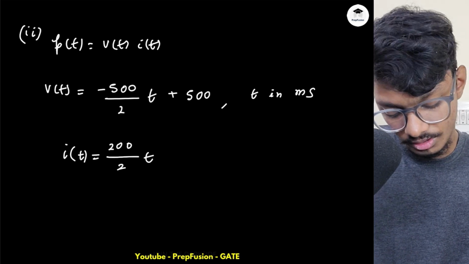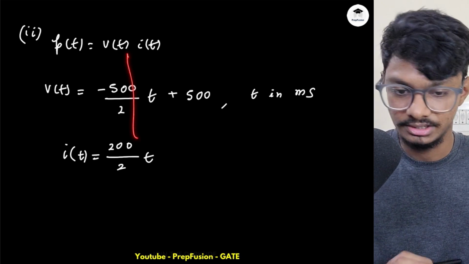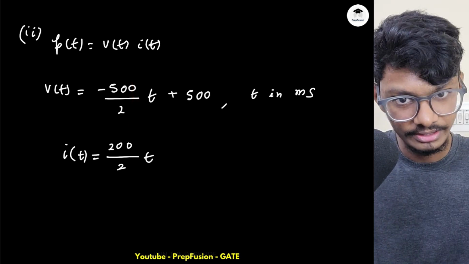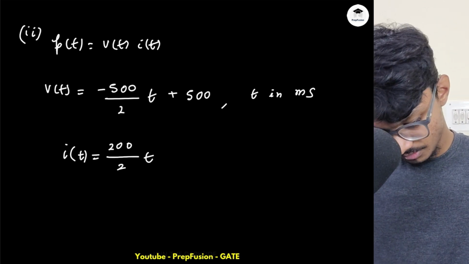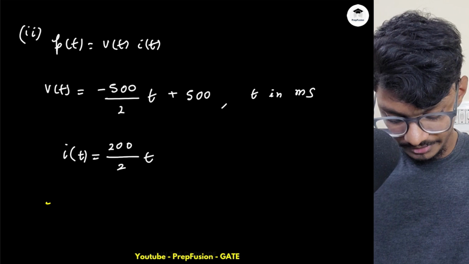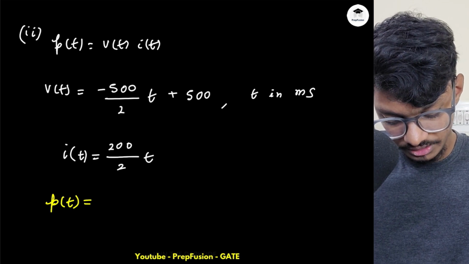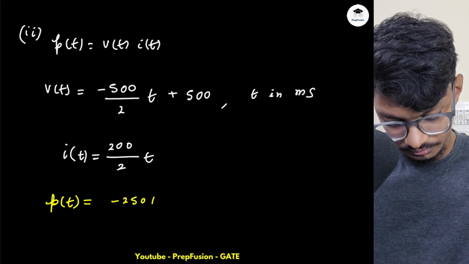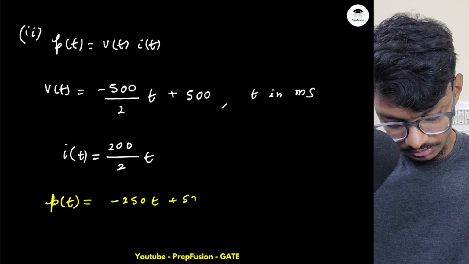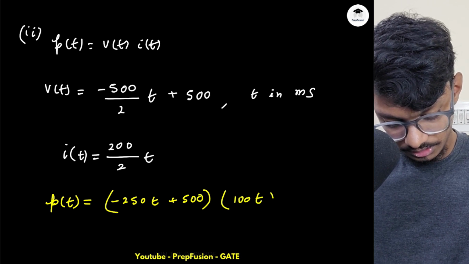So this is the thing. I will just put these values here, and then I will take the derivative, and at that time the maxima will occur. So my P of t will be V of t into I of t. V of t is basically minus 250 t plus 500 into I of t, which is 100 t.